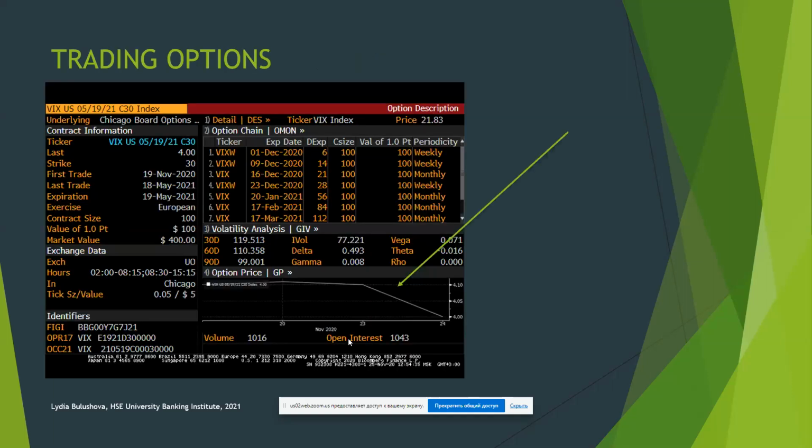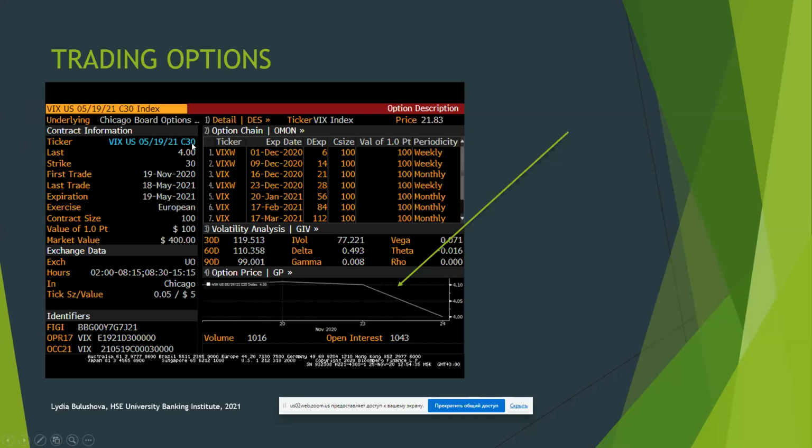Here we've got a screenshot from the Bloomberg terminal. Here you can see a call option. The letter C implies that this is a call option. VIX US is the underlying. This is an index.